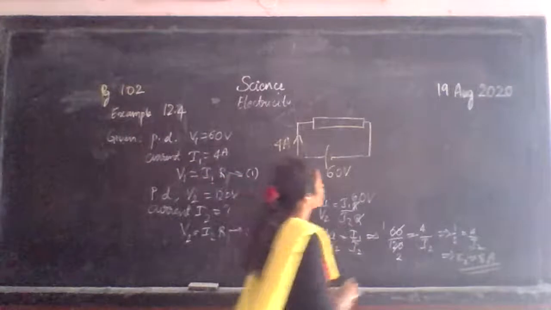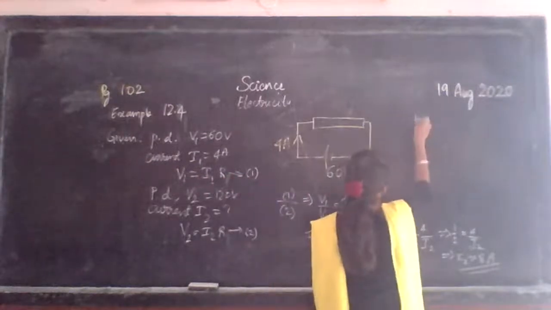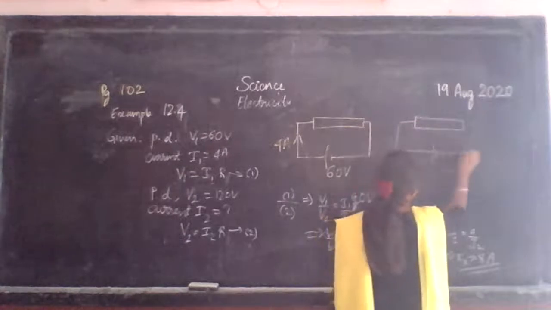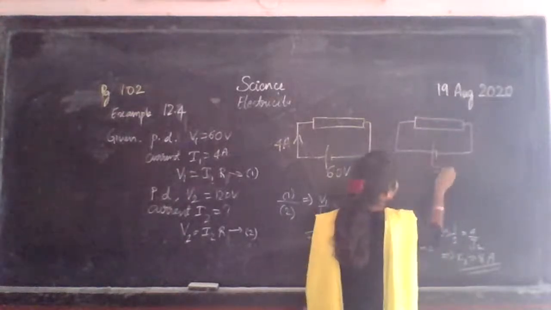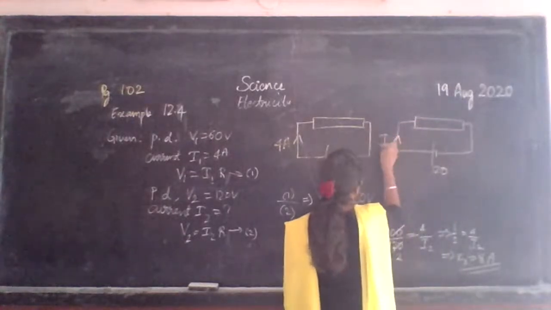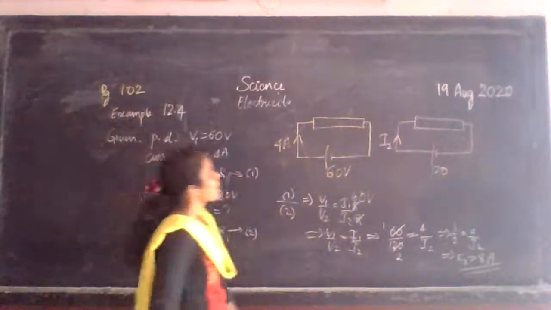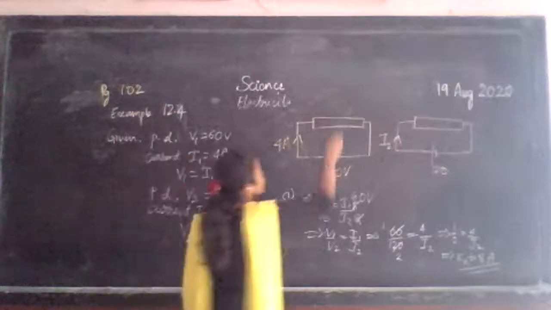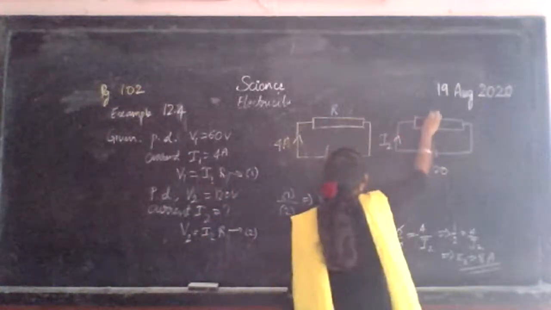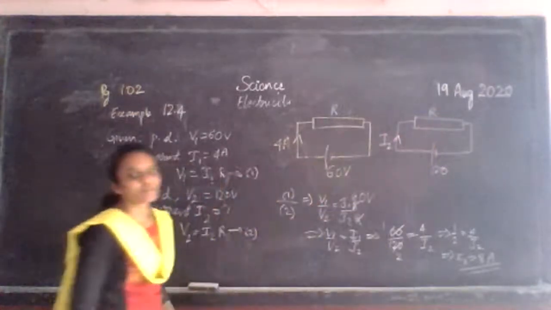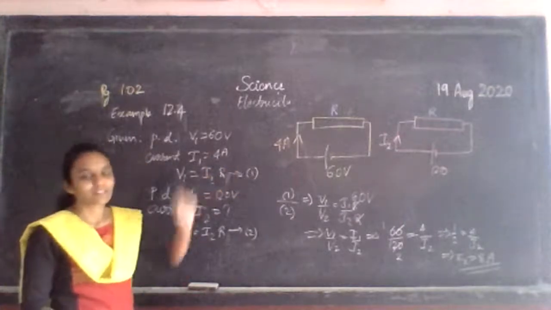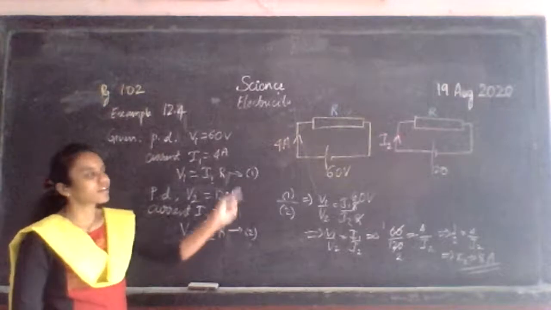Now they connected the same heater to another supply that is going to give you 120 volts, and they calculated to find the current. In both the cases, R is the same, because the same electric heater is connected to both the supplies.